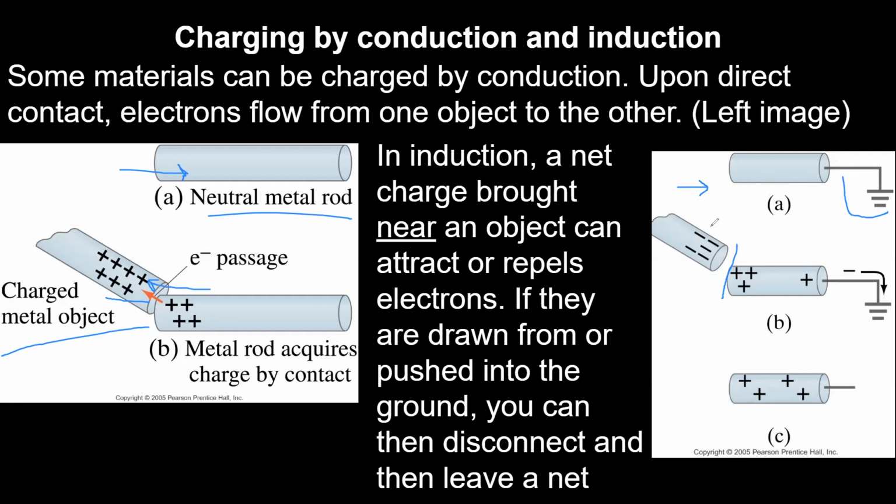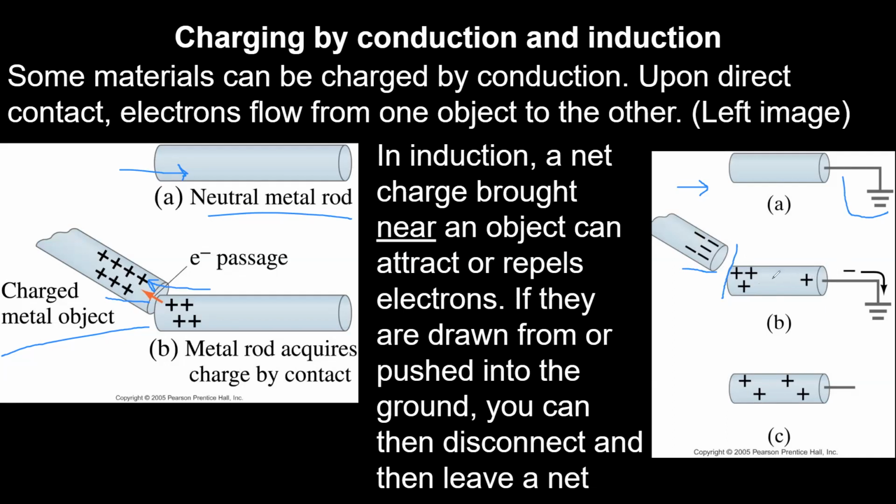Let's say you bring a negatively charged object near this object. You would have a positive charge near the part of the rod that is closest to the negatively charged item. This is because protons, the nucleus of an atom, cannot move, but electrons can be passed between atoms.